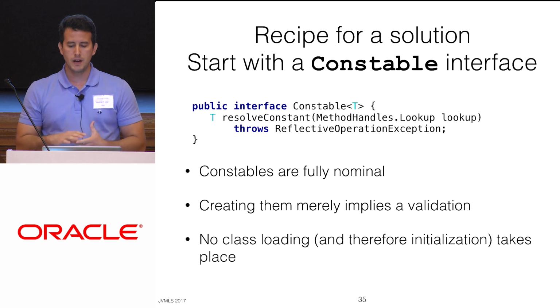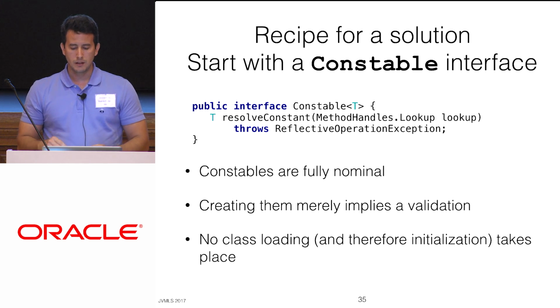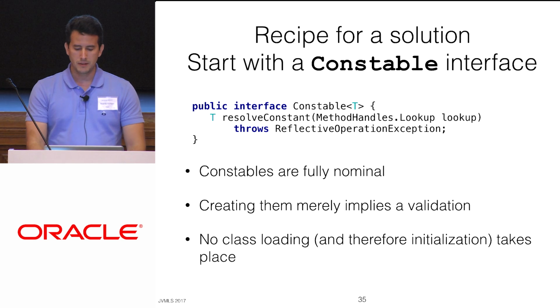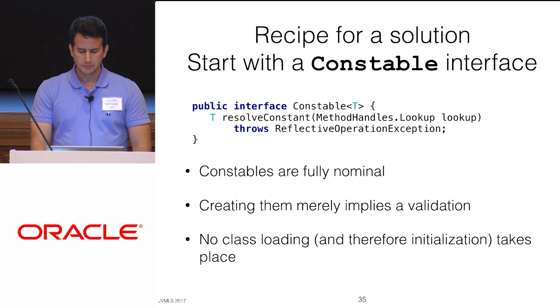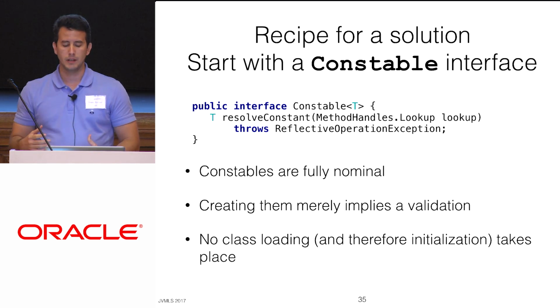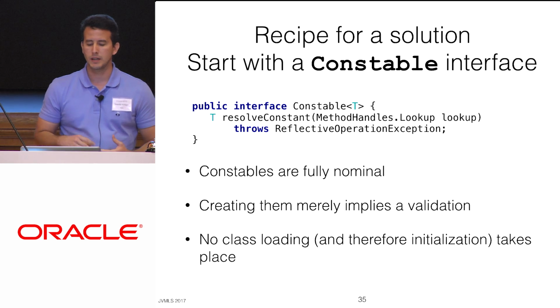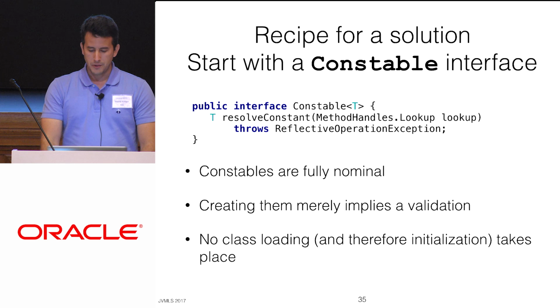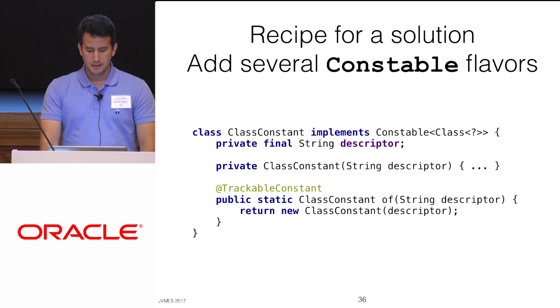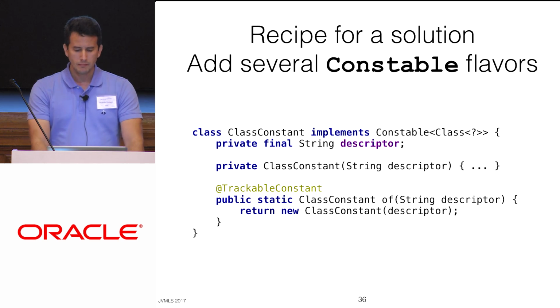First, we define the constable interface. Very simple. It receives a lookup object, so it has access to check what code can create it. The constables are fully nominal. There is no validation, there is no class loading, so they are really light.